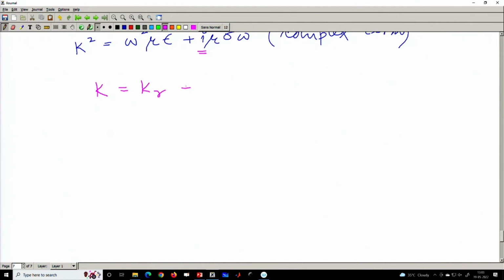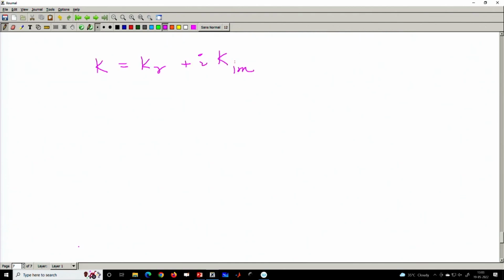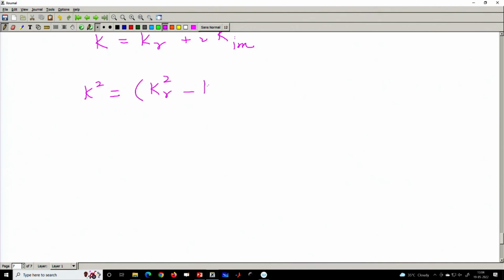So, I can write this propagation constant with a real part and an imaginary part, k r plus i k i m. Now, k square is simply k r square minus k imaginary square plus 2 k r k imaginary, and there should be an i term, when you take the square of that.